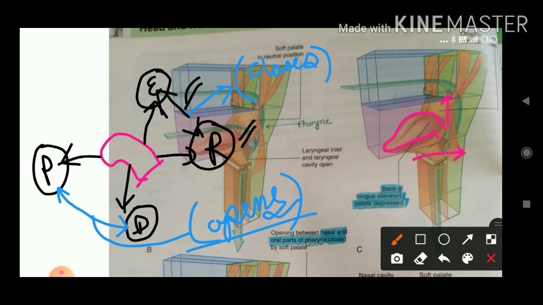Here, what is the criteria? The tongue is elevated first with the help of the palatoglossus, and it is retracted with the help of the styloglossus. So it will close the oropharyngeal isthmus and deglutition will not take place.